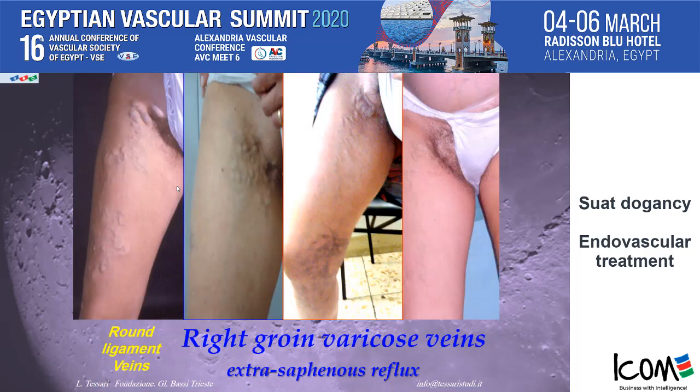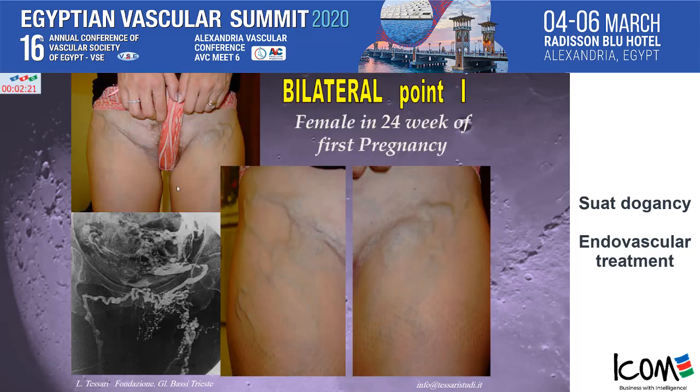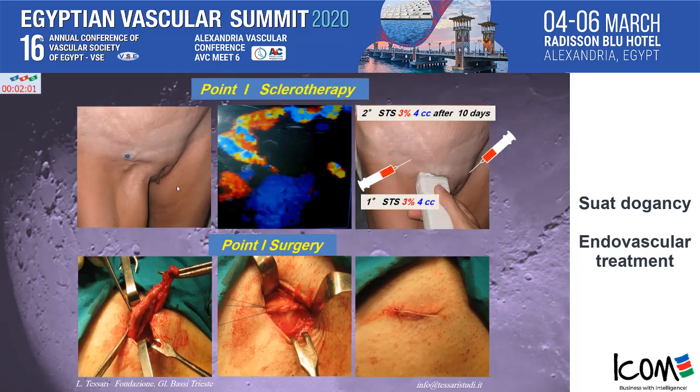And you can see here it comes from the inguinal ligaments and from the left ovarian veins down to the vein of the ligament and into the groin and anterior part of the limb.